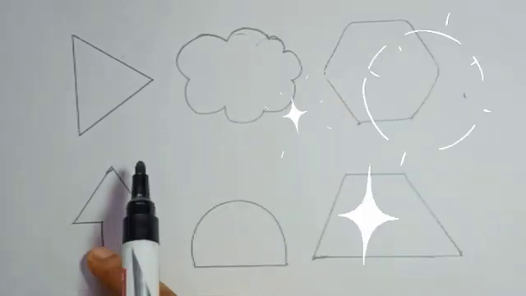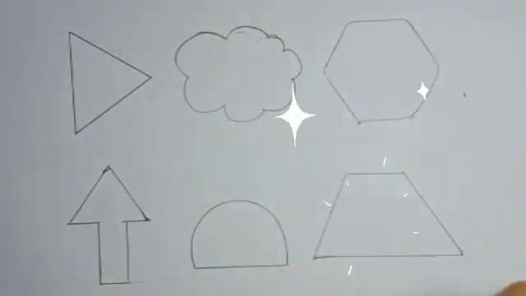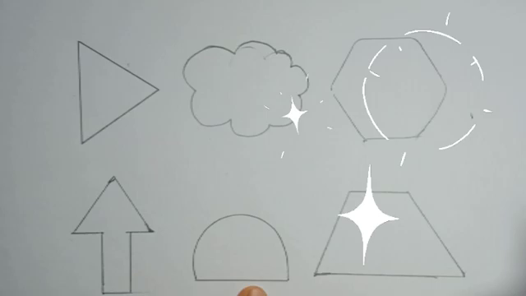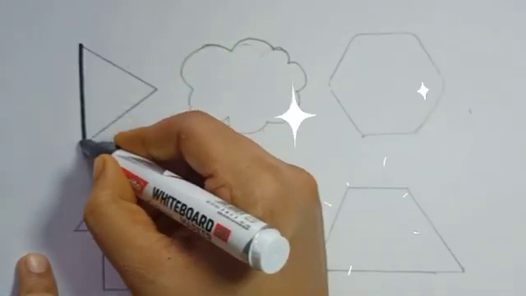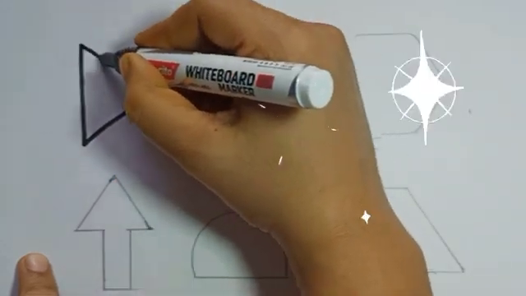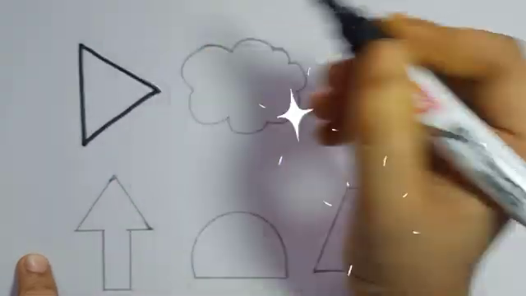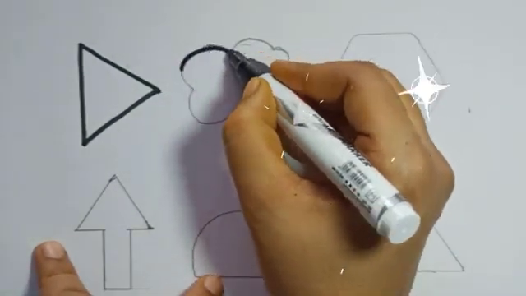Hexagon, arrow, semicircle, trapezium. Okay, let's draw. This is triangle. This is cloud.